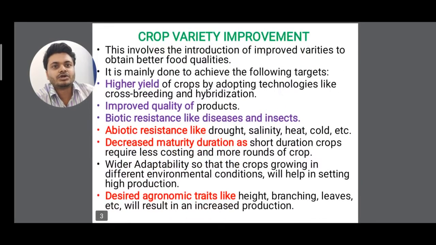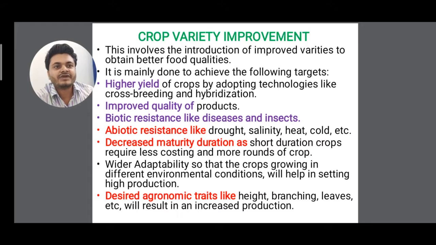Now see, under crop variety improvement, how we can improve the variety: improved quality of products, and abiotic resistance, like drought, salinity, heat and cold, which will be checked. It is mainly done to achieve the following targets. What are the targets? Higher yield of the crops by adopting technologies like crossbreeding and hybridization.